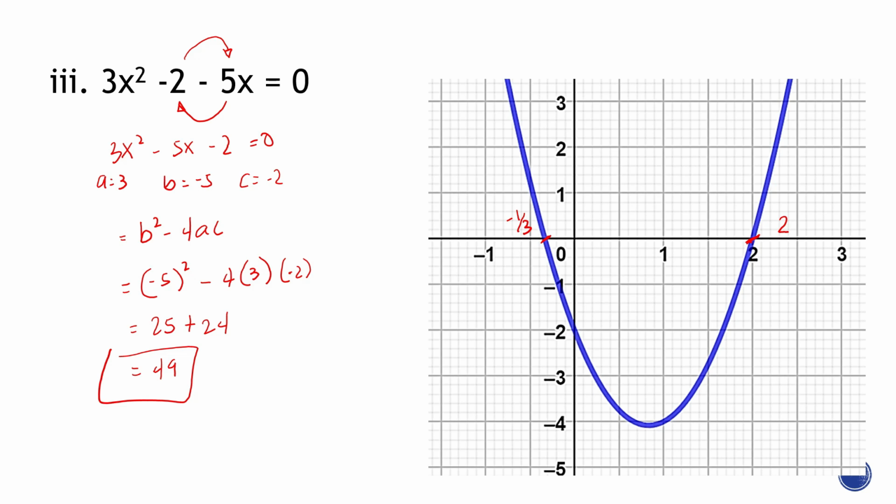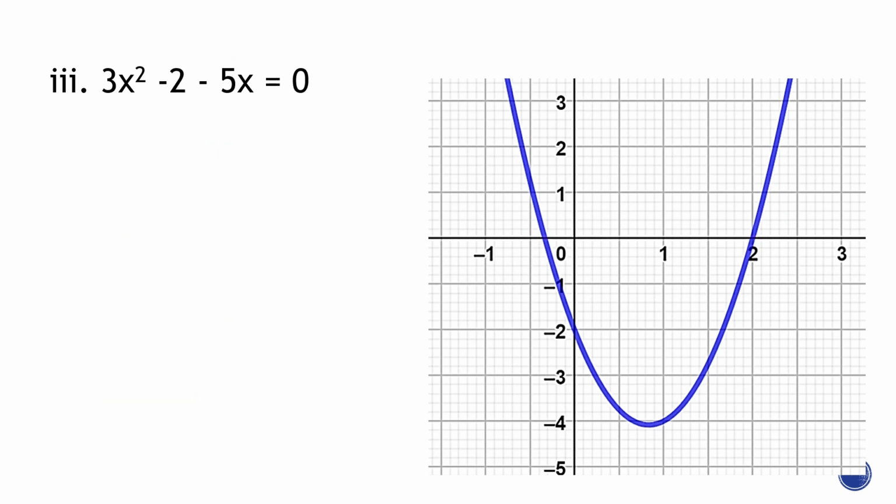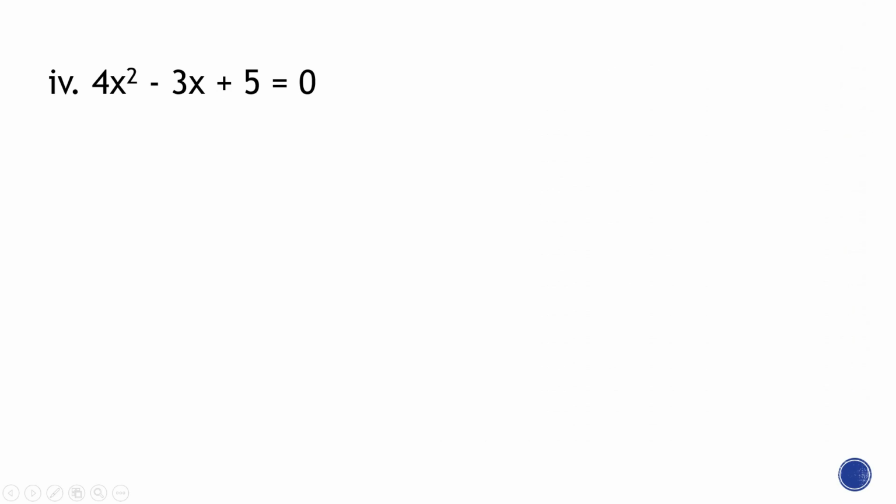So -1/3 is rational, 2 is rational. There you go, you have two distinct rational roots. Okay, let's go to the fourth and last example. Okay, this is perfect. We have a quadratic equation in standard form. A is 4, b is -3, and c is 5.